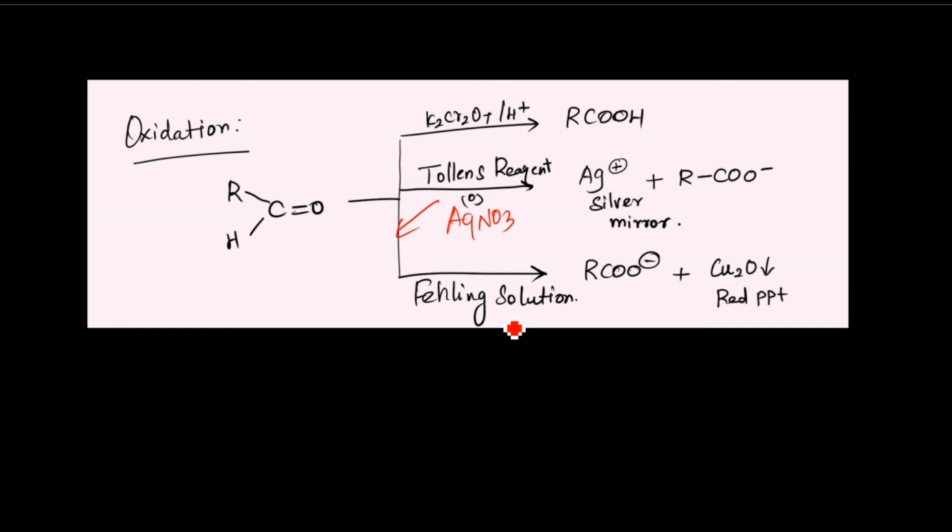For Tollens reagent, the positive result is the silver mirror, or in the worst case a black precipitate. With Fehling's solution, it gives a red precipitate because of the formation of Cu2O. Both reactions are oxidation reactions. As you can see, it is forming RCOO minus.